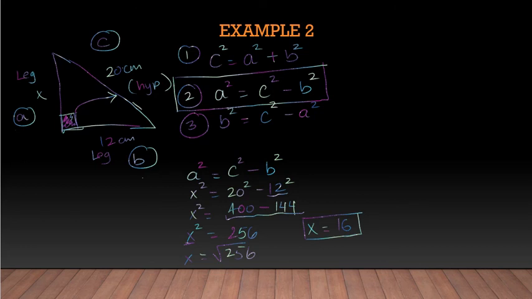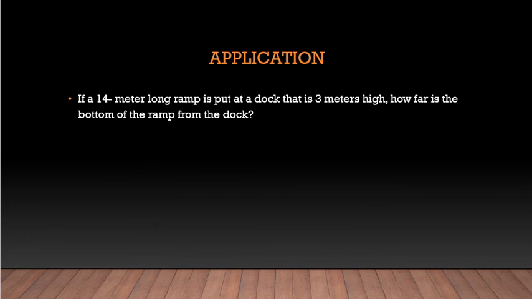And the last question I'm going to do is a word problem. It says, if a 14-meter long ramp is put at a dock that is 3 meters high. So let's draw a triangle. Sorry, my dogs are barking, if you can hear. Okay, so a 14-meter long ramp.